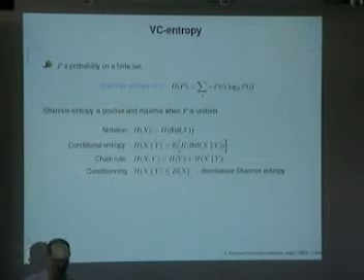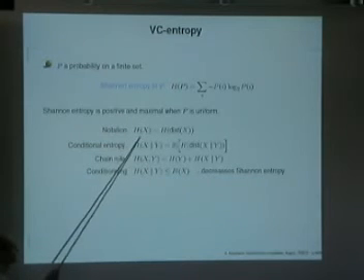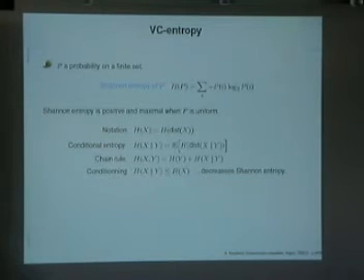Now I will use the conventional abuse of notation that is performed in information theory. I will define the Shannon entropy of a random variable as the Shannon entropy of its distribution. This alleviates notation.